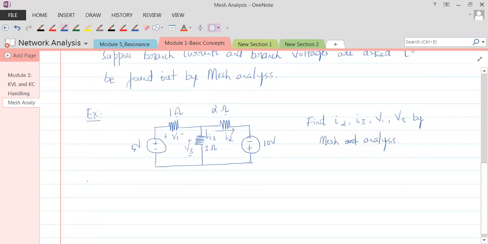So in the solution, what we need to do is, step one, in the solution first, you need to count the number of meshes. Okay, after counting that, mark the mesh currents.